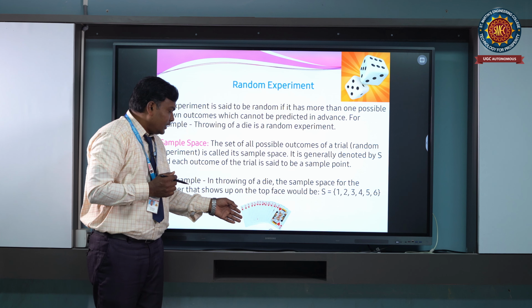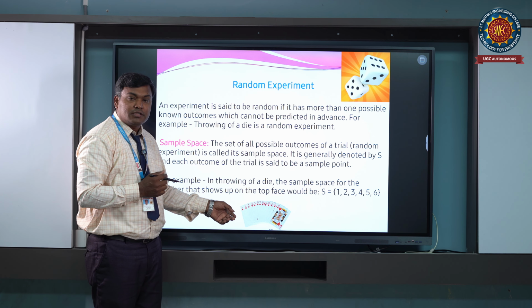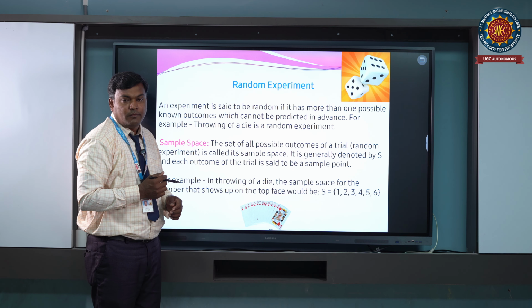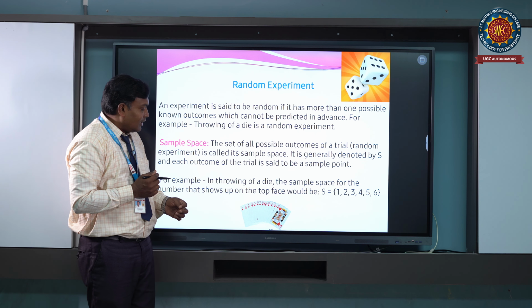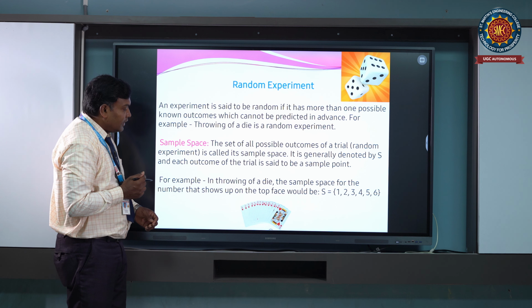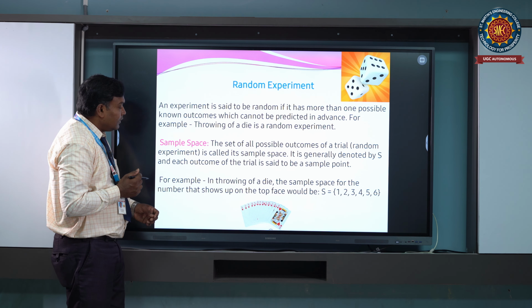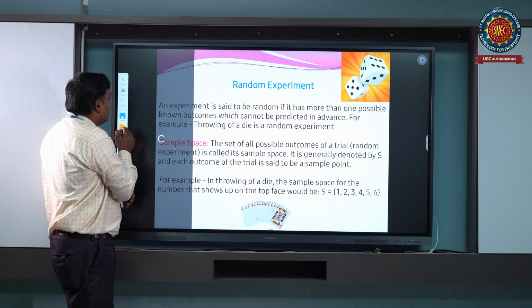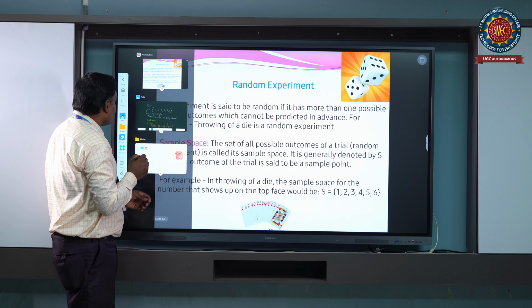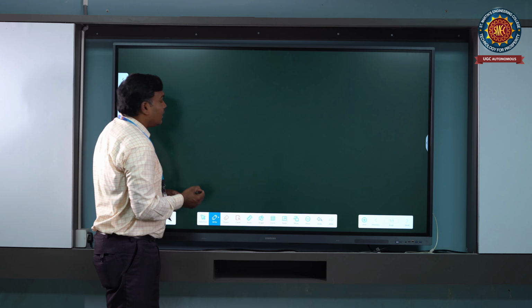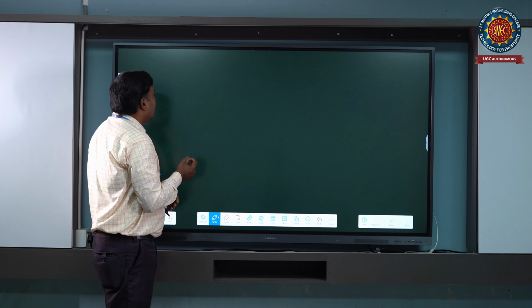One more very important example for understanding probability: playing cards. A deck of playing cards has in total 52 cards. In these 52 playing cards, what is the probability of getting a king card?